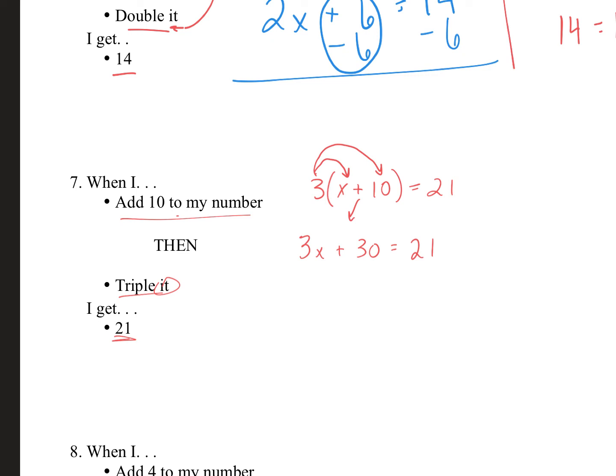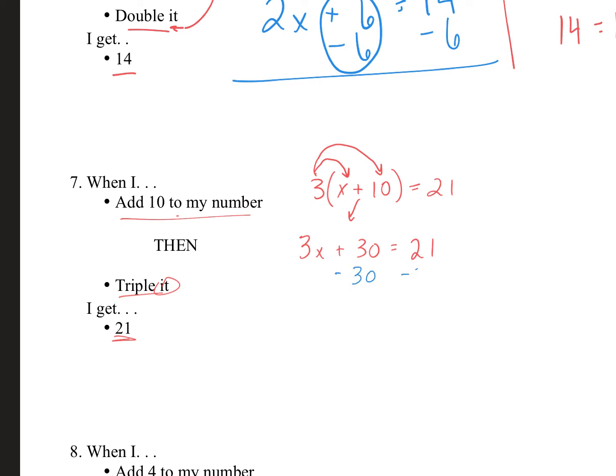So this whole time, in all these problems, I've been trying to get x by itself. So I just want x on one side and everything else on the other. To do that, I need to undo the adding of 30. The opposite of adding 30 would be subtracting 30.